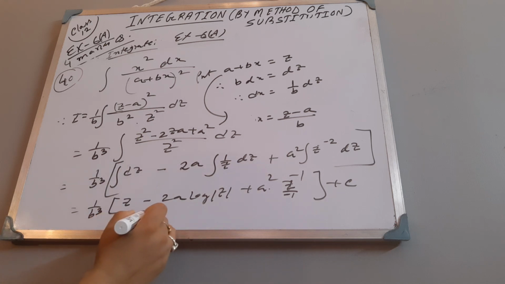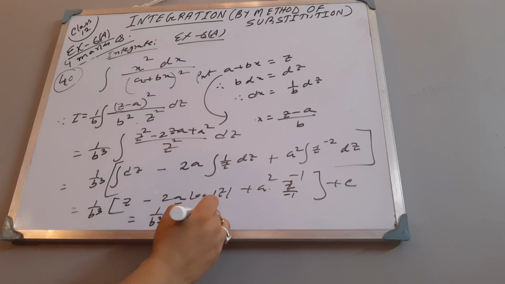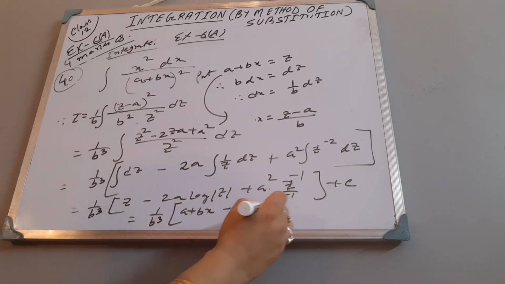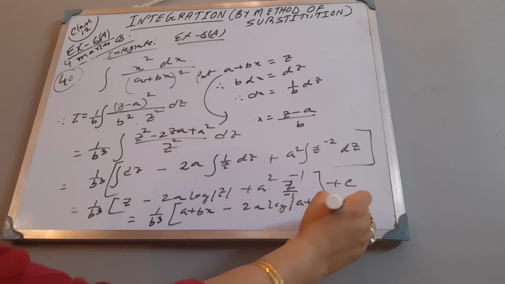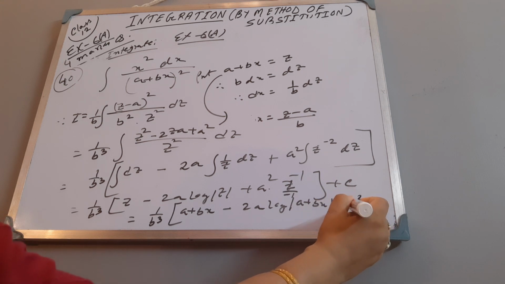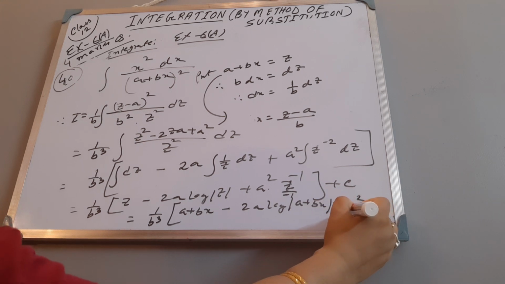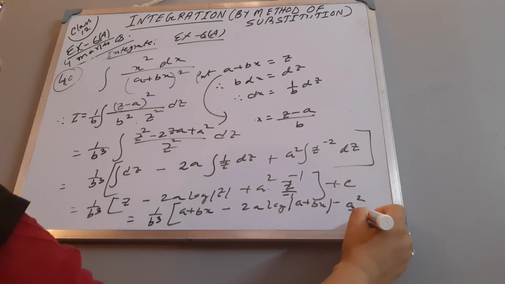Then it is coming 1 by b cube, z means a plus bx, minus 2a times (a plus bx), plus a square log of (a plus bx), plus c.